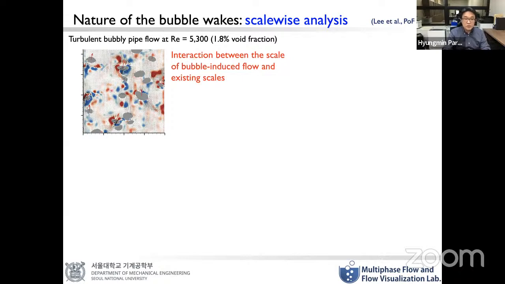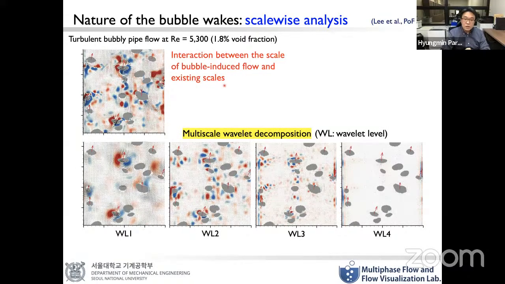This snapshot shows the turbulent bubbly pipe flow measured at a Reynolds number of about 5,000, and the void fraction was about 1.8%. To do some scale-wise analysis, we use multi-scale wavelet decomposition to decompose this instantaneous flow field into multiple flow fields depending on their length scales.